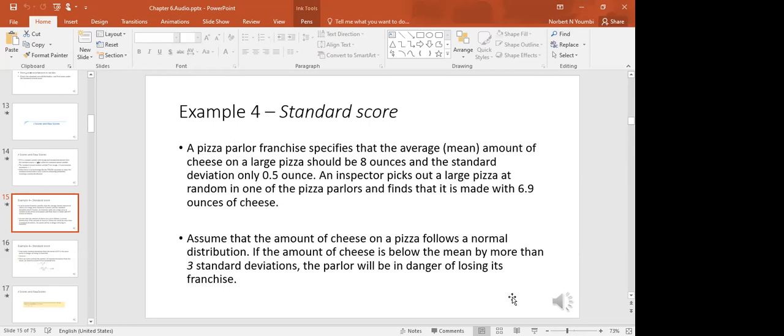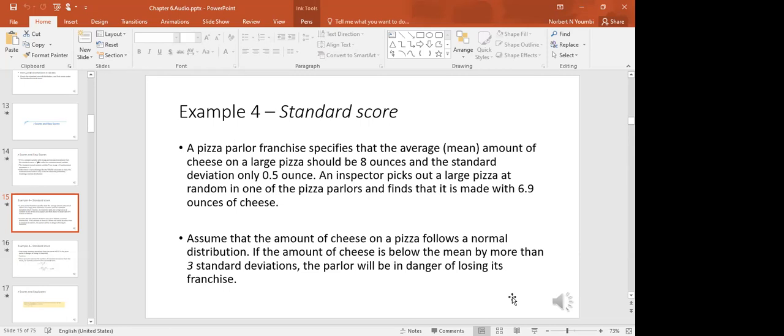So 34. I want you to observe that within one standard deviation, we have 68%. Within two standard deviations, we have 95%.